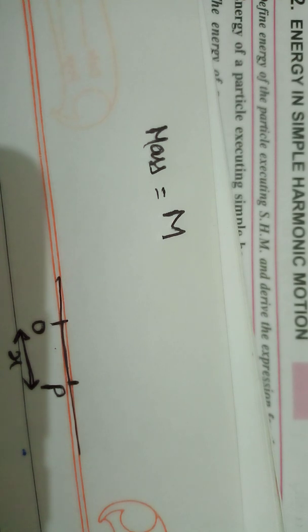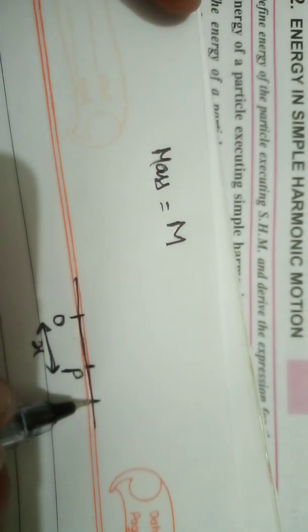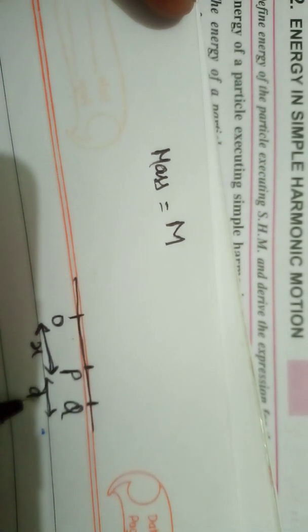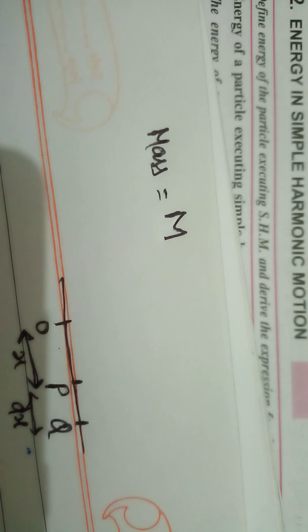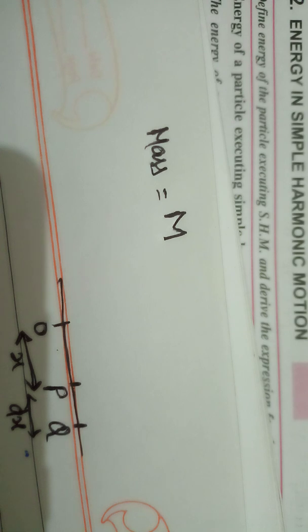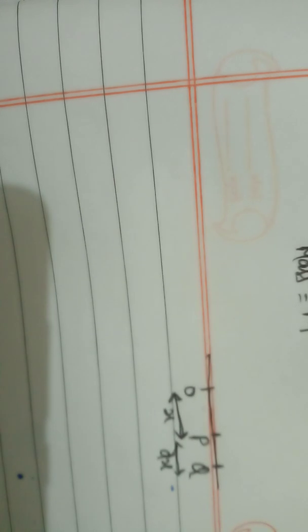So students, if the particle is further moved from P to Q through a small distance dx, then we are able to find the work done when the particle moves a small distance dx.